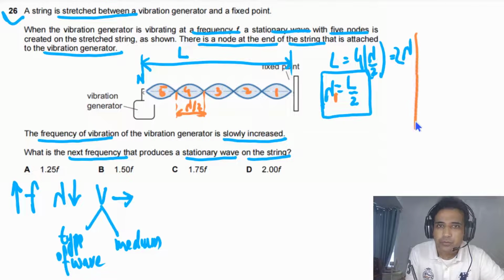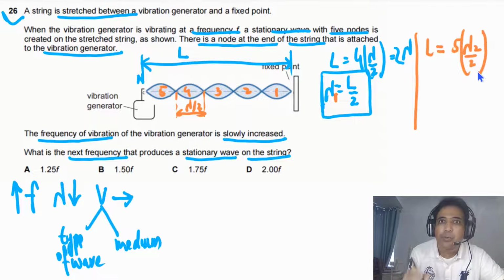Now we can write, in this case L is equal to 5 times lambda 2 by 2, because this lambda is different now. Very important, lambda has changed. This was lambda 1, so this is lambda 2. From here lambda 2 will be equal to 2L divided by 5.